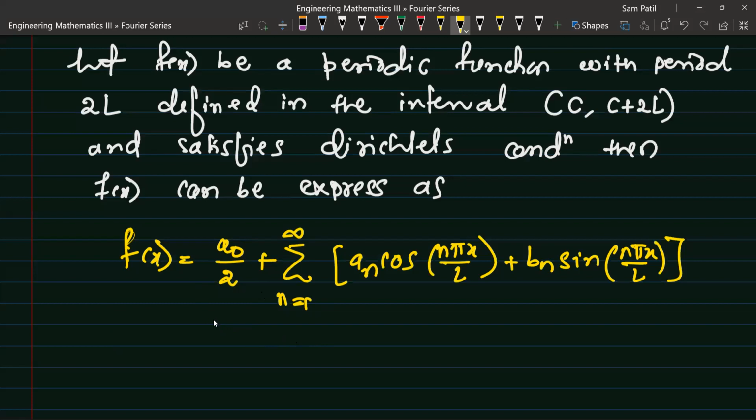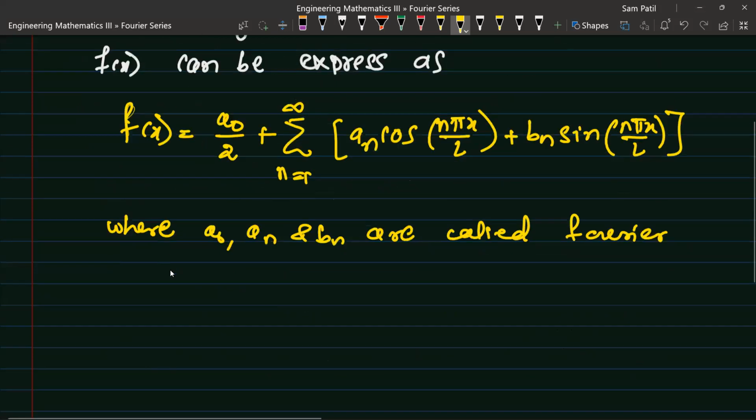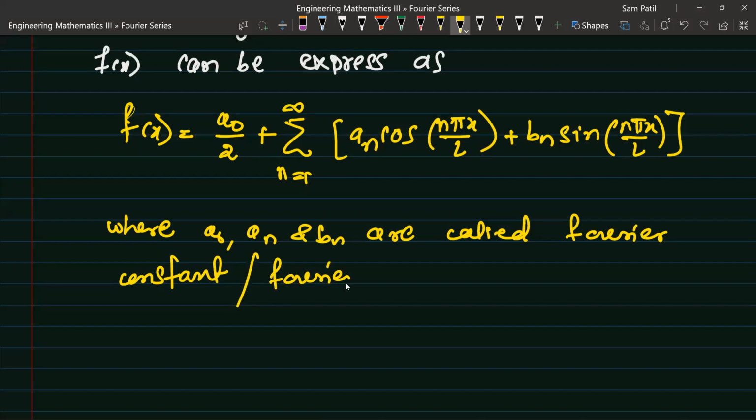So what are these a naught, an, and bn? Where a naught, an, and bn are called Fourier constants or Fourier coefficients. How to find them?